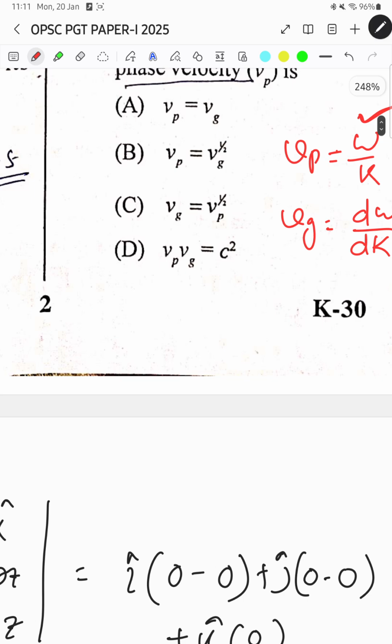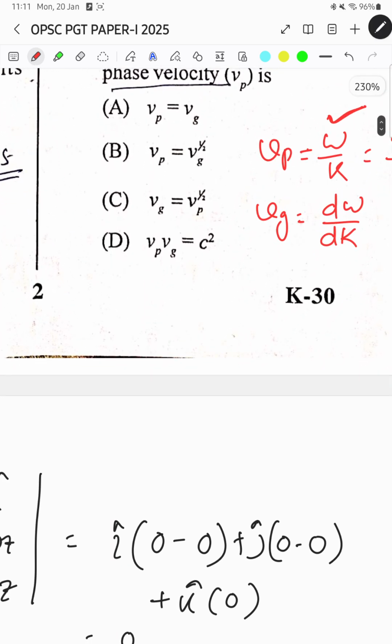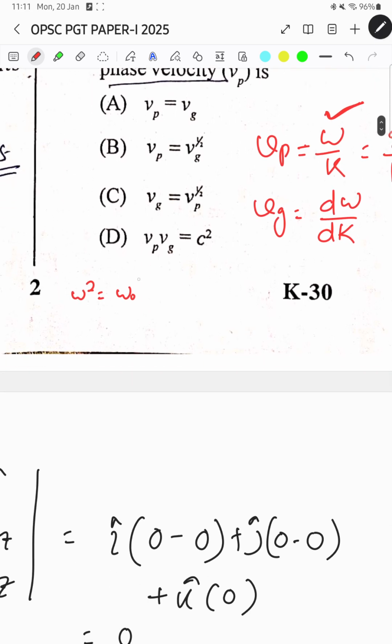So we have the dispersion relation as omega square is equal to omega naught square plus c square k square, where omega naught is a constant. So let's take the derivative on both sides. This will be 2 omega d omega by dk. This is 0. This will be c square.